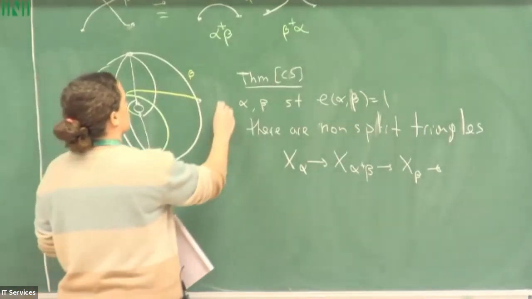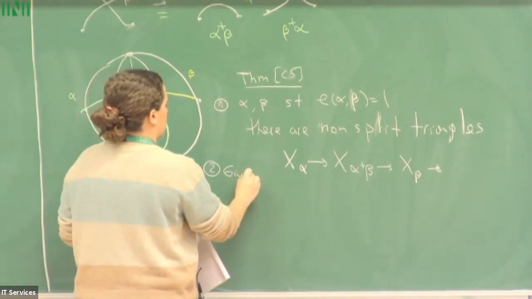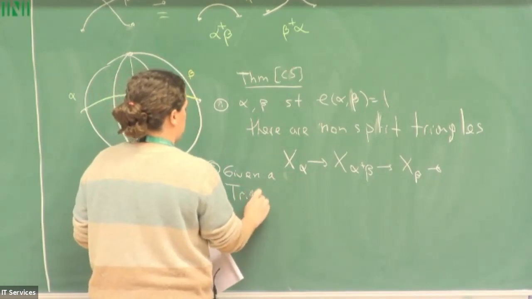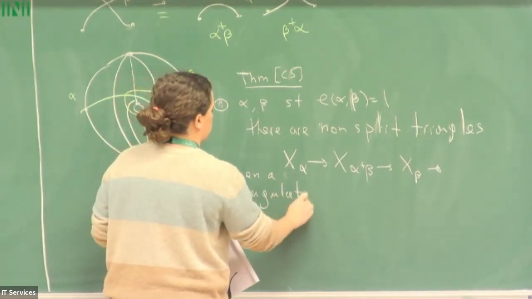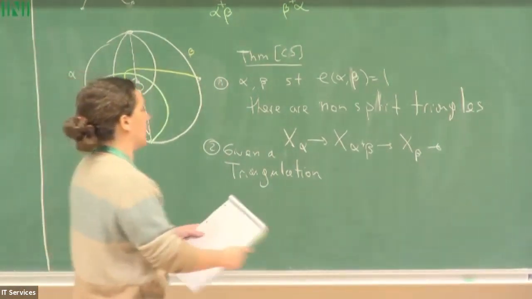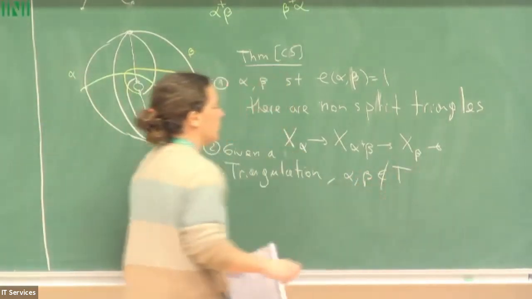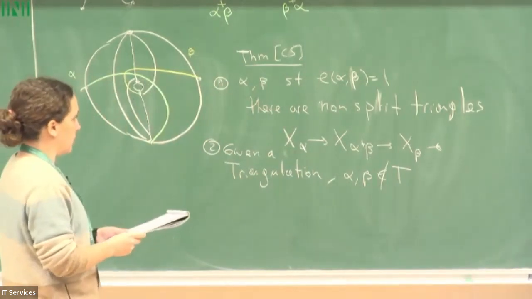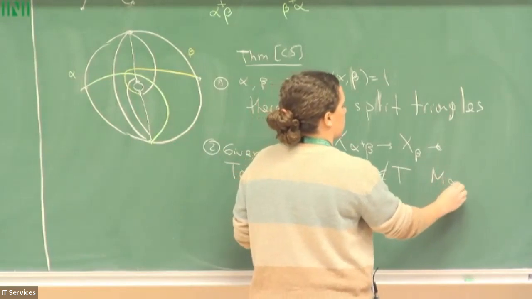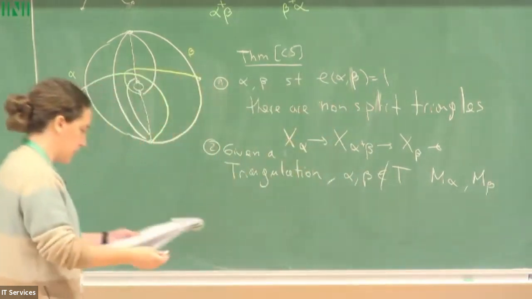The second part is that, given a triangulation, you can think and say that alpha and beta are not part of it. Then there's a string module associated to alpha and a string module associated to beta in your Jacobian algebra.